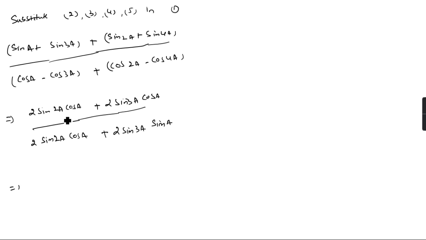So here we take 2 as common, and cos A is common from the numerator, and this is nothing but a sin.